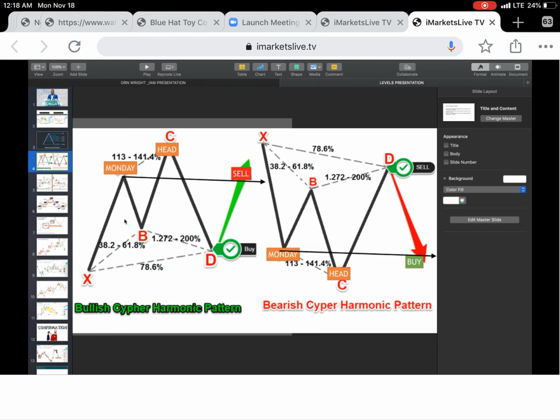Okay? Now, when it comes to the Cypher pattern, this is one of my favorite patterns. So right around this area here, we're going to start from the letter X. We have a bullish uptrend moving. Okay, let's just say around this zone, we created Monday's high. And at the end of the day, we created Monday's low.